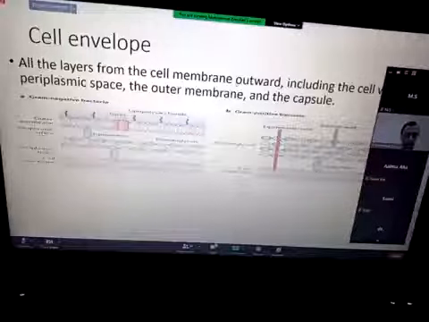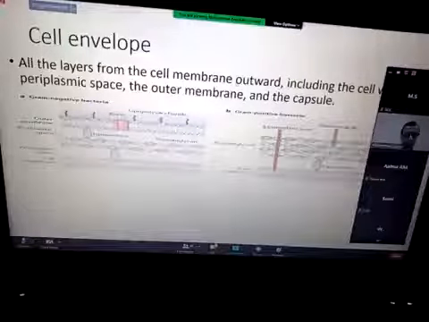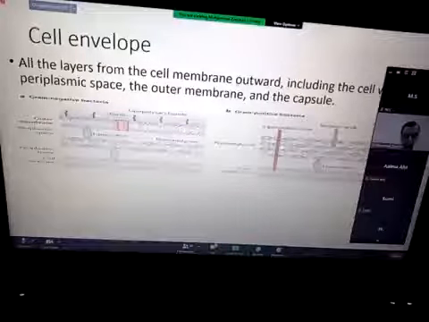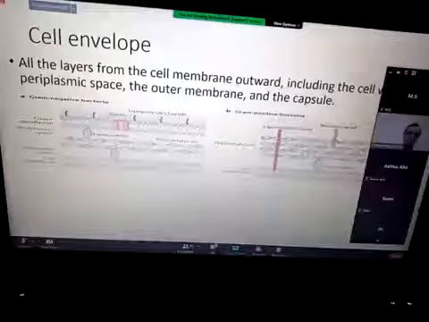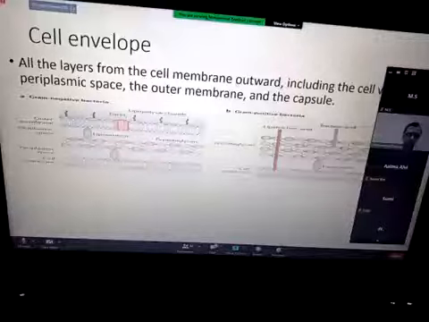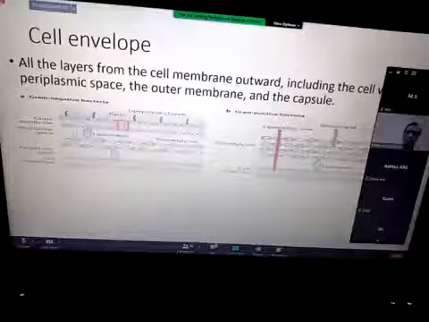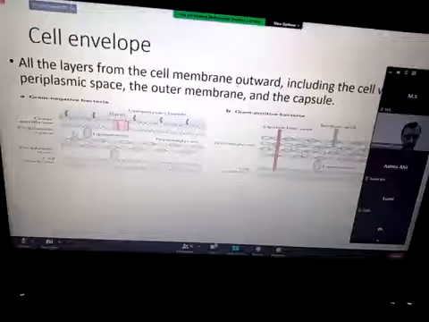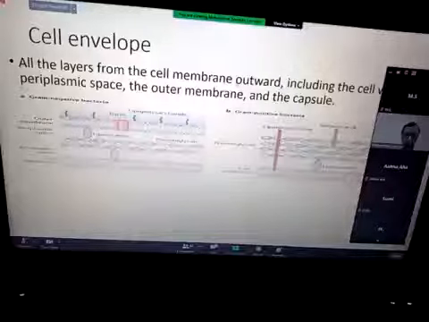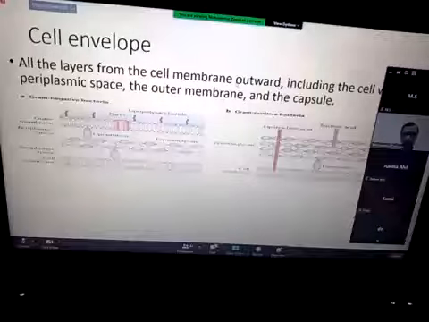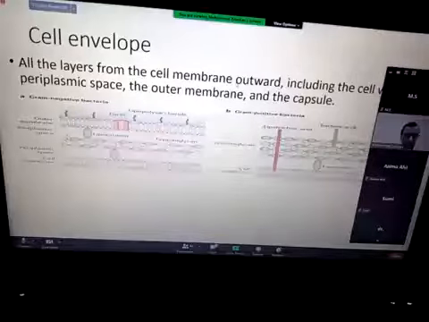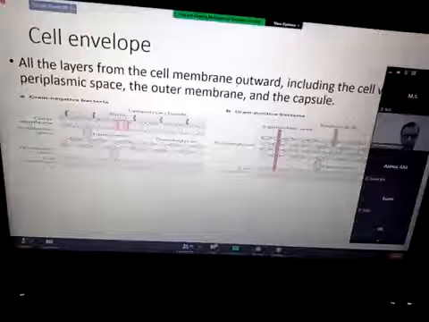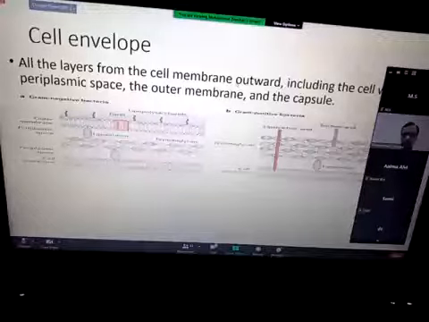The periplasmic space contains different enzymes and different virulence factors that help them survive against different antibiotics. This periplasmic space also contains the peptidoglycan layer, and the cell membrane is common in both.